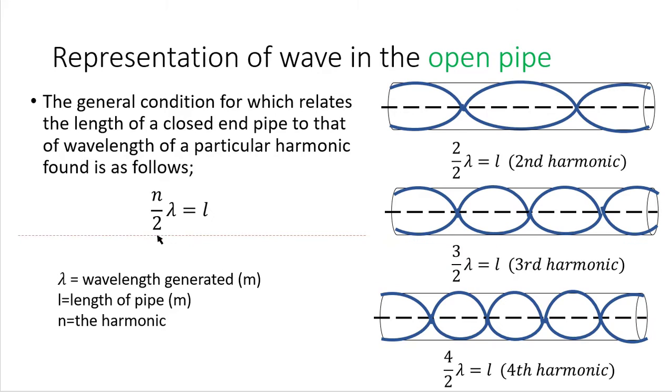That 2 at the bottom becomes a constant that deals with the size of the wavelength present, and at the top, that n value becomes the particular harmonic. Unlike a closed pipe, these are all the natural numbers that span from 1 all the way to infinity, theoretically, as other harmonics that can be present in open end pipes.